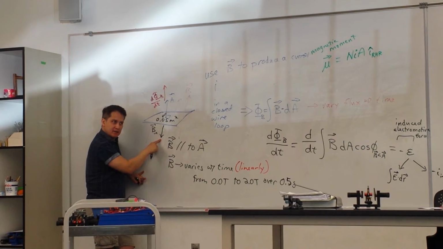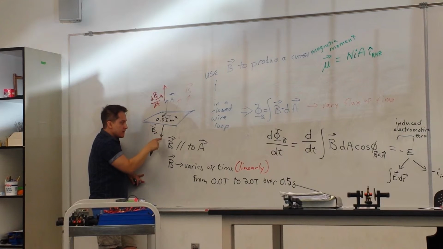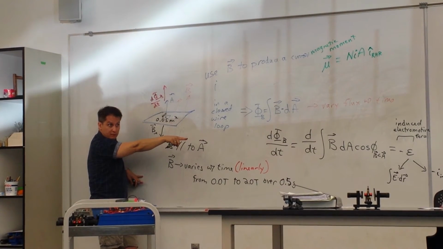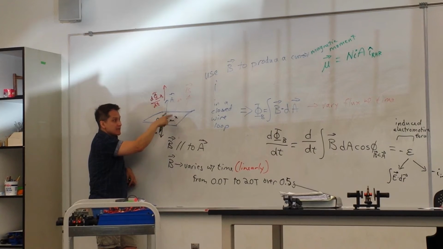So what the minus sign does is tell us that the direction of the magnetic field produced by the current is opposite the change in the flux. We have a potential difference. What direction would the current need to flow to produce a downward magnetic field inside this loop?